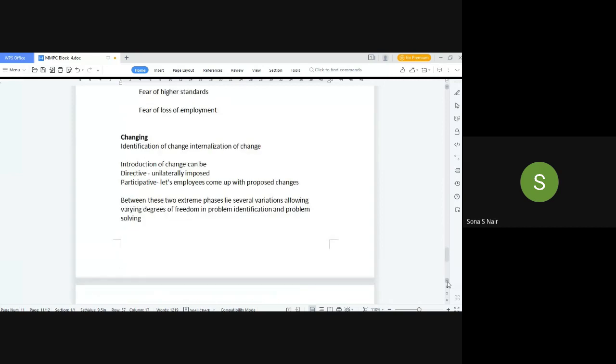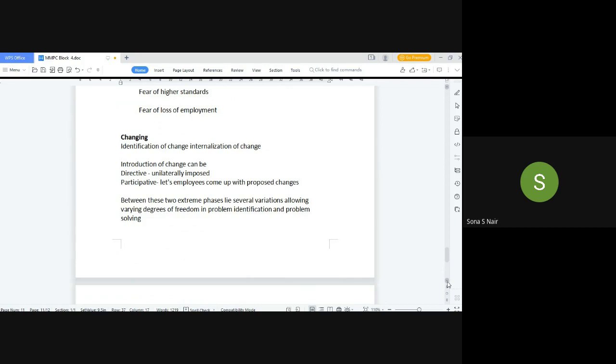Second stage of the process of change is changing. The actual change. What does it mean?